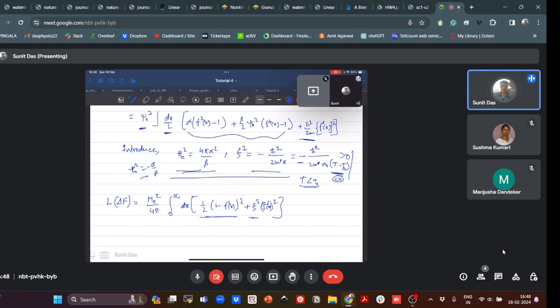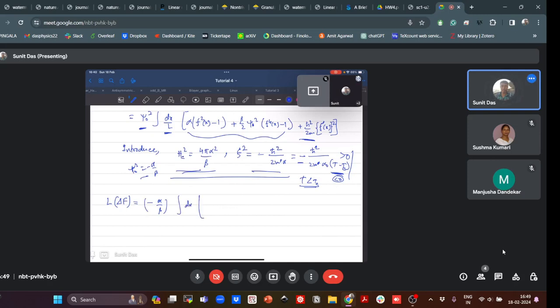Or let me do it actually step by step, since there are 2-3 step jumps. First of all, we will write psi 0 square equal to alpha by beta in magnitude. Then, L is already on the left hand side.